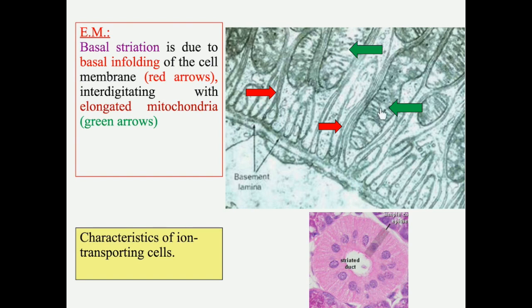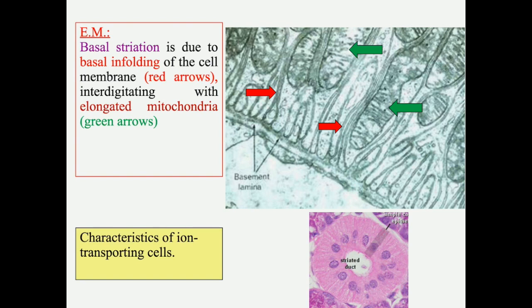For ion transport, we also need the mitochondria for the active transport energy. So we have a typical picture of an ion transporting cell: the presence of basal infolding and the presence of mitochondria at the base of these cells in between the infolding. This is the cause of these striations. What is the value of this striation?